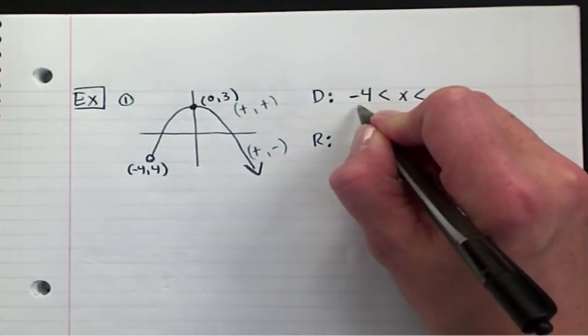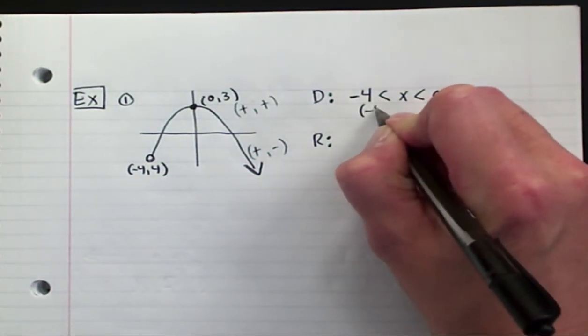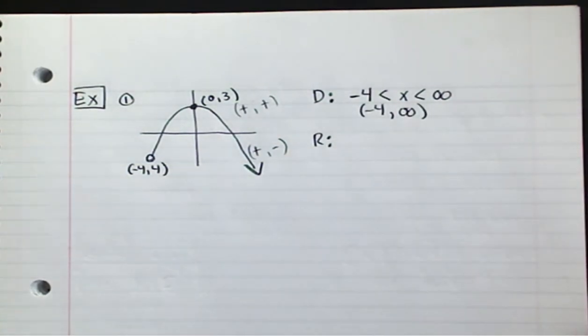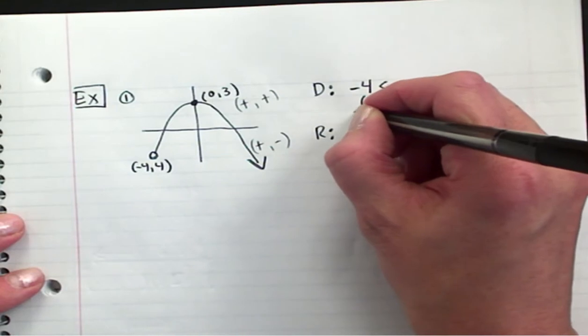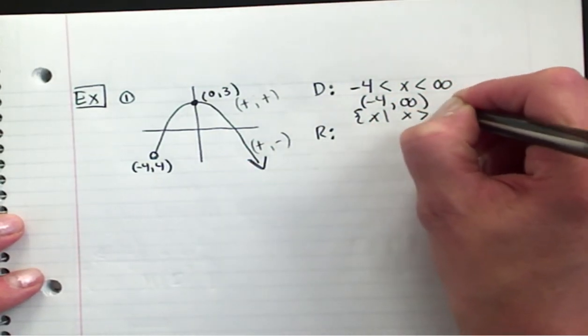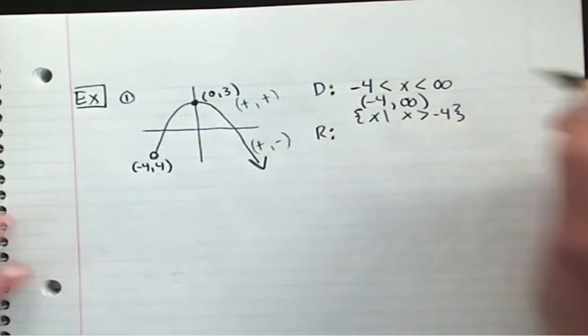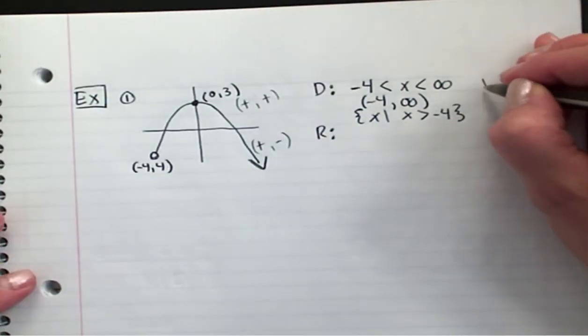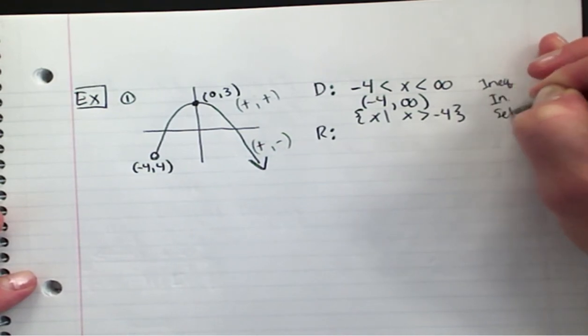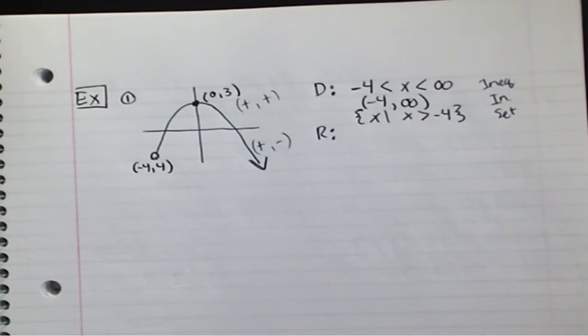So I'm going to go interval, set. Right, this is the inequality. This is interval. This is set. When you start looking at your homework, just pick one notation. You should be able to go back and forth between them.